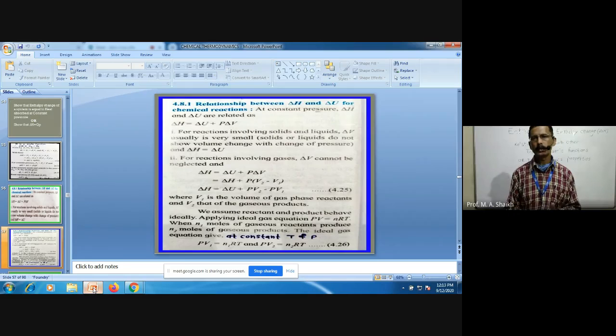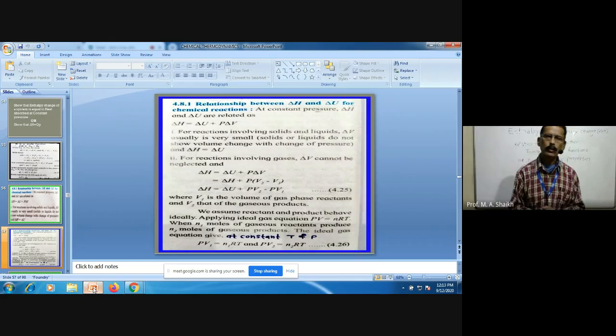Here, P is the pressure of the gas or gaseous system and it is constant. V1 is the volume of the initial state or reactant state for the gaseous reaction, and V2 is the volume of the product state or gaseous product state. Now, at constant temperature and pressure, by using the ideal gas equation, you can find the values of PV1 and PV2.